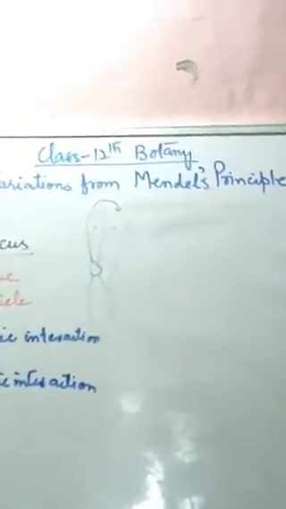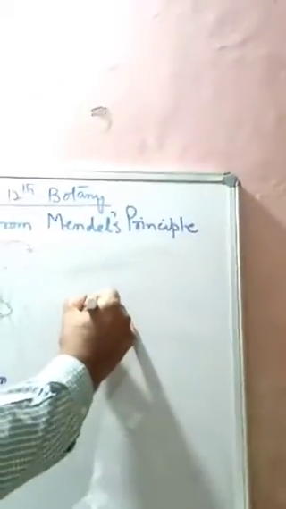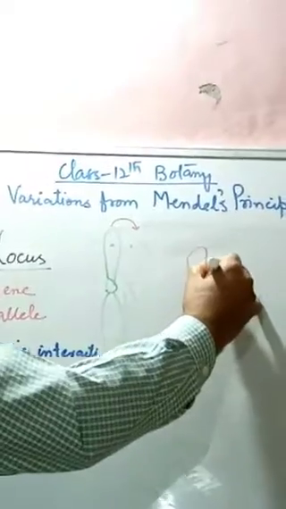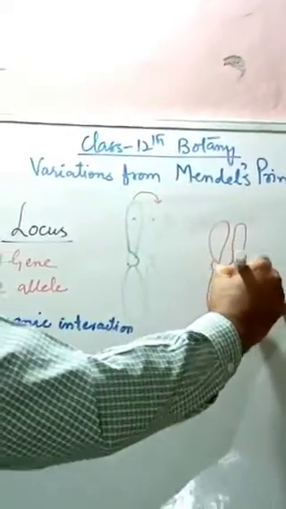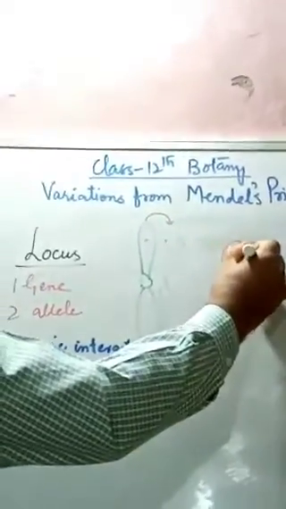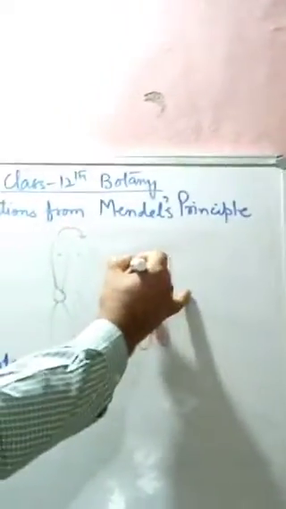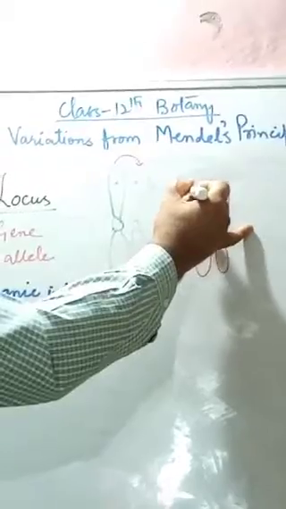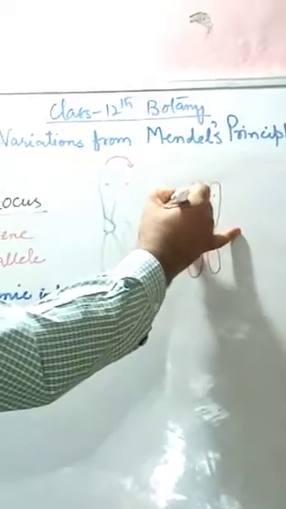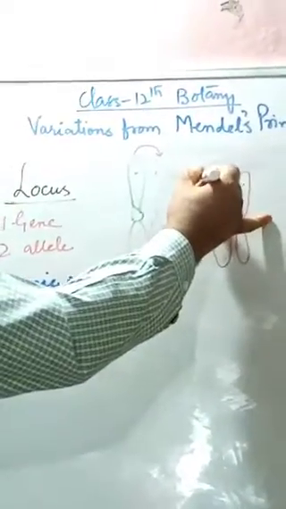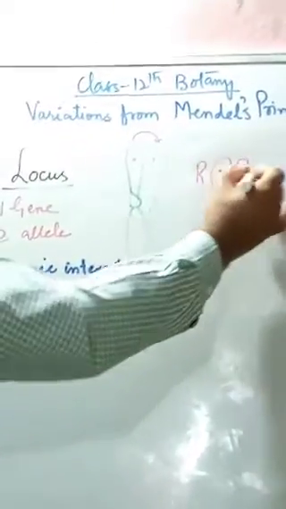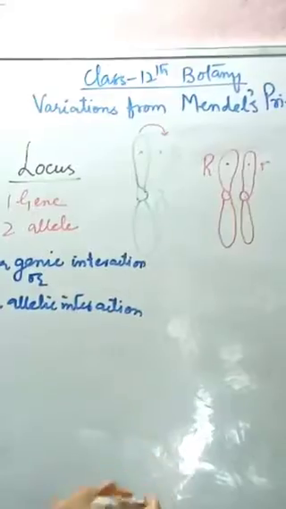Now we have one more pair of genes on these homologous chromosomes. This is the locus for the gene for the character, pink color, this is the red color, and this small r is the white color.